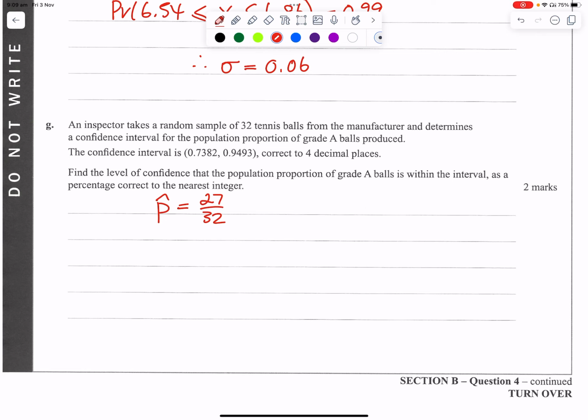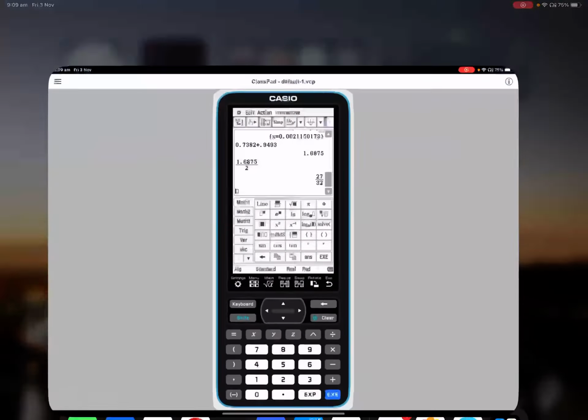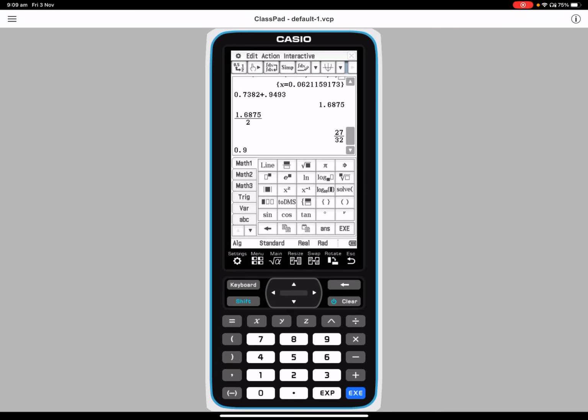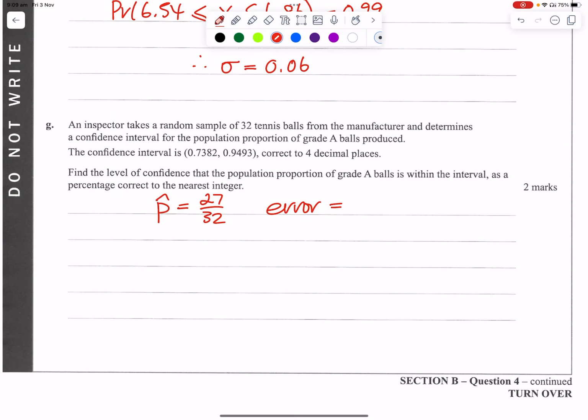So we know the error is the top value, 0.9493, minus that value. So 2111 on 20,000.